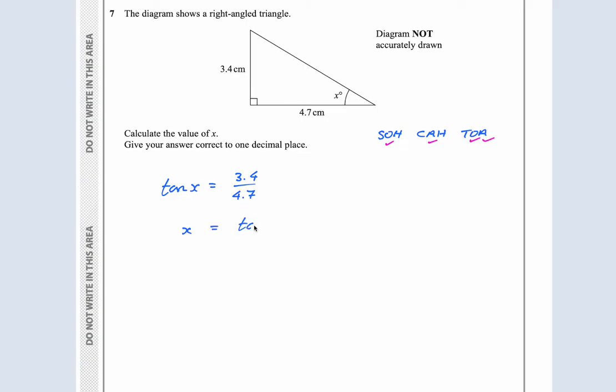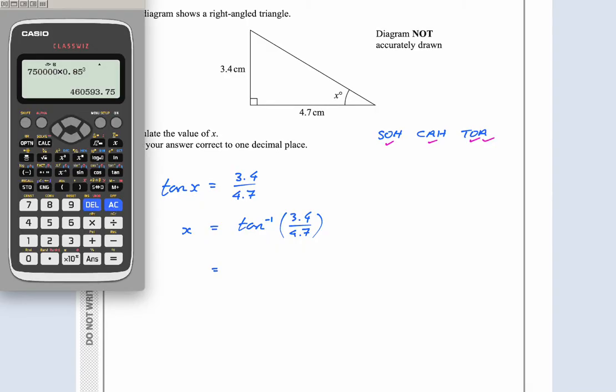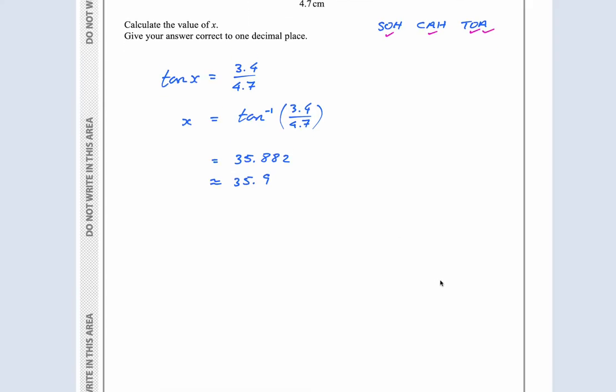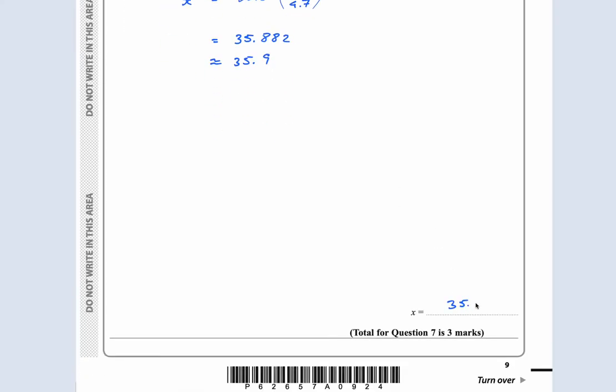I just do the inverse tan of 3.4 over 4.7, which is 35.882. To 1 decimal place, 35.9, because I have to round this up. So that's 35.9.